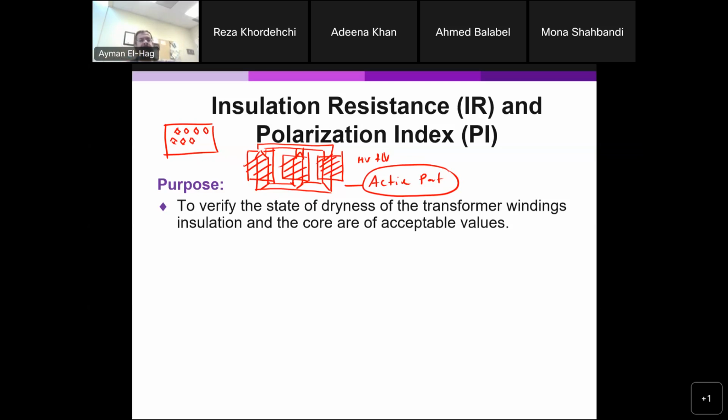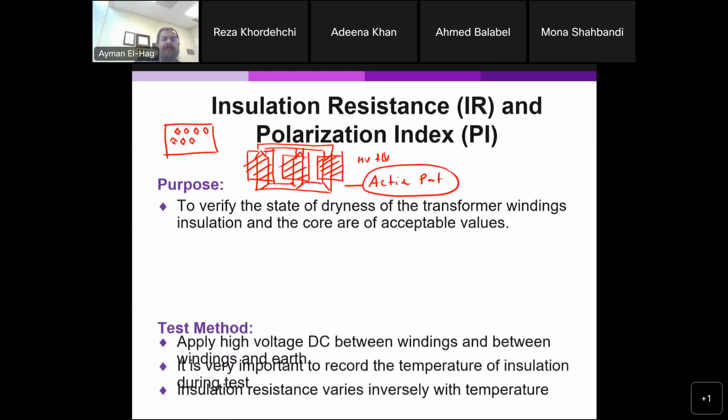Now, based on the size of the transformer, we have to put it inside an oven. How do we test if the transformer has been dried well? Because if the transformer is not dried, the insulation paper still has some moisture, and on the long term that is really bad. Remember, the IR and the PI are tests to evaluate the quality of the insulation system.